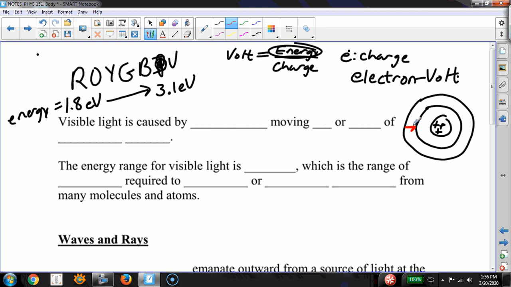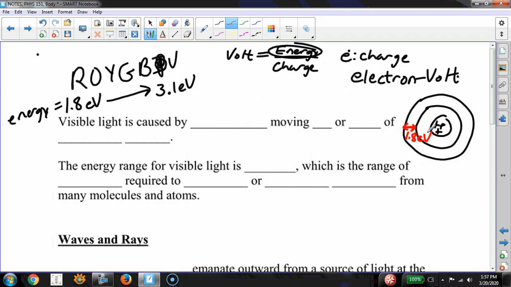And say in this particular atom and these particular energy levels, I'm separated by about 1.8 eV. I think this is the hydrogen atom, I'm not sure. But anyway, all the atoms are different and the orbitals are different, so the energy between them differs. But let's say, for example, that there is a difference in the energy level of 1.8 electron volts.